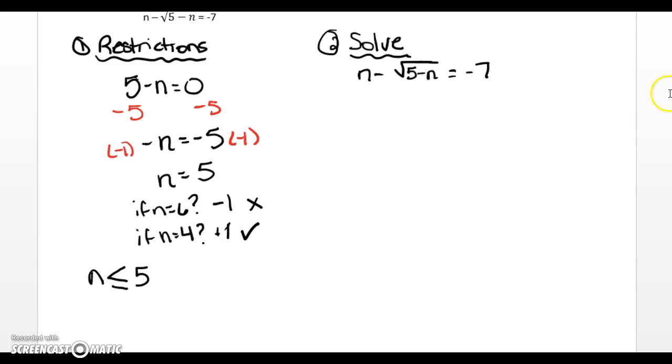In order to solve, we're going to get this radical by itself. So I want to get rid of n, so we're going to subtract n on each side. Here we're left with negative square root of 5 minus n, and that is equal to -7 minus n.